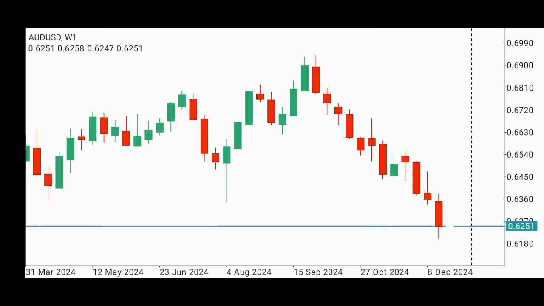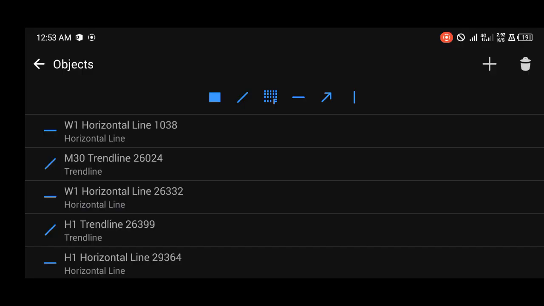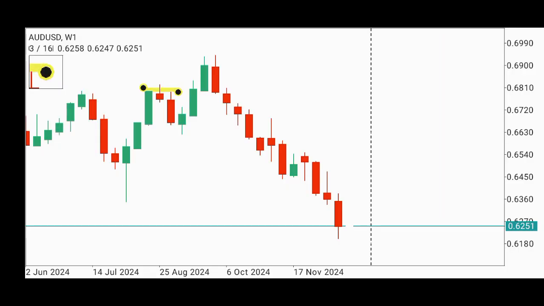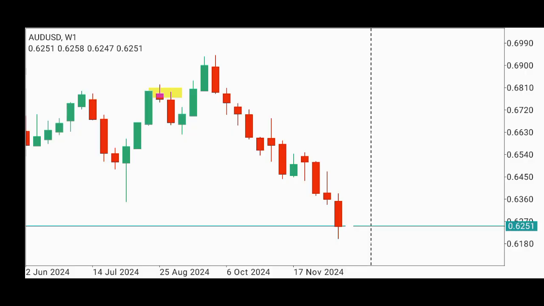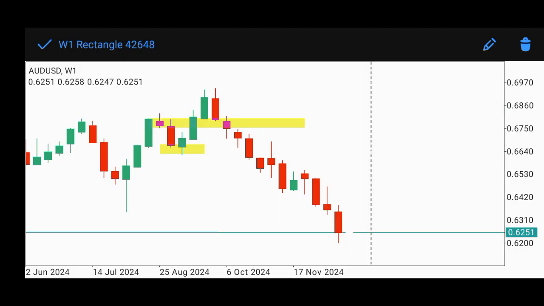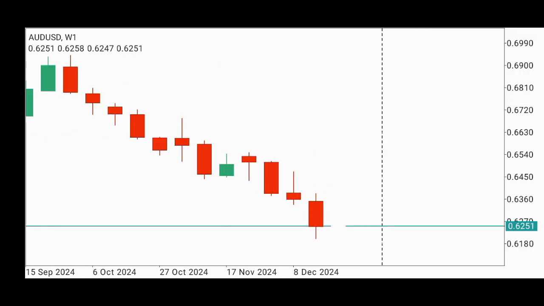So if we go to the weekly time frame, there is a high here, there is a high here, there is a low here, which people refer to as support, right? So yeah, market violated the resistance and started showing bearish sentiment.